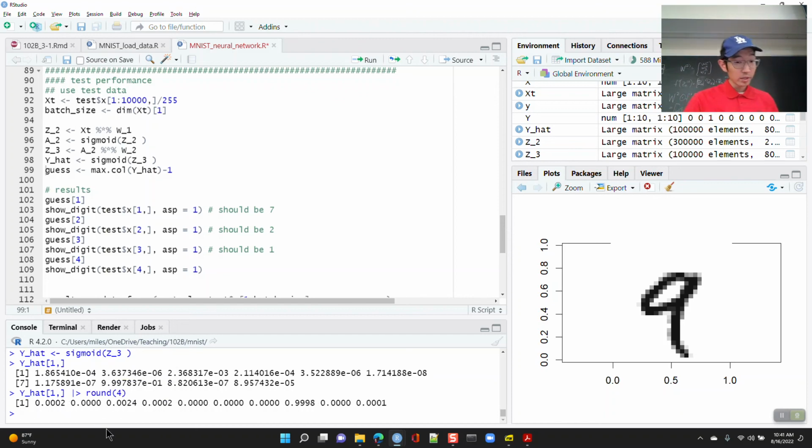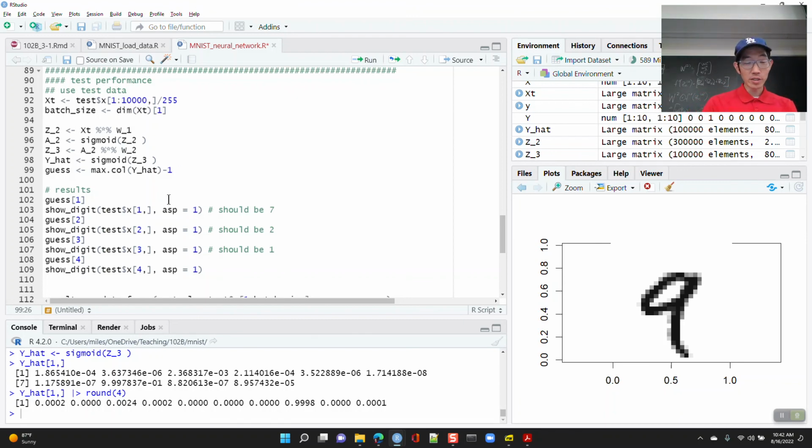Okay, so what guess does this correspond to? I got 0.002, 0.000, 0.0024, 0.002, 0.0000000000000, 0.9998, 0.0000, and 0.001. So this corresponds to a guess of 7, right? It's the 8th column, which corresponds to digit 7.